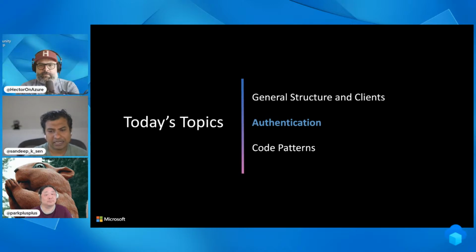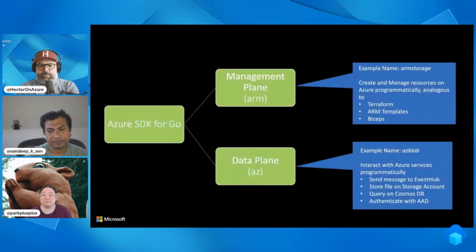So why don't I directly jump into the general structure of our Go SDK? Azure SDK for Go, as the name suggests, is our Go SDK, a set of client libraries to interact with Azure services. It is essentially broken down into two blocks.